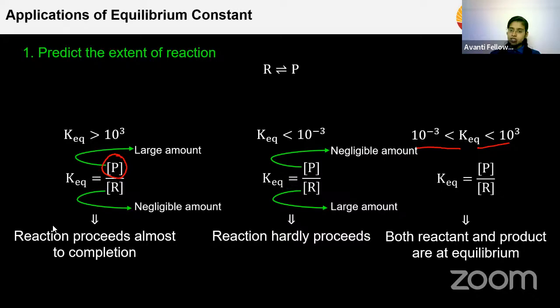So we can say that they are in equilibrium with each other. Got it? So neither the numerator nor the denominator is in excess amount. So it is in equilibrium. Got it? So this is how you can find out the extent of the reaction.